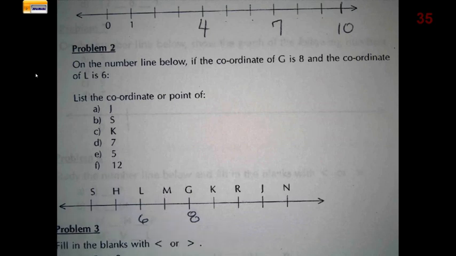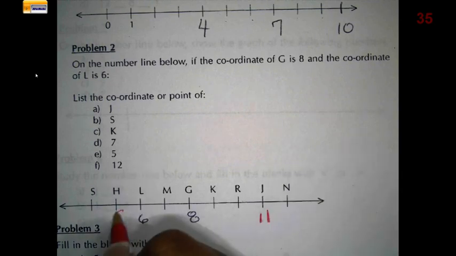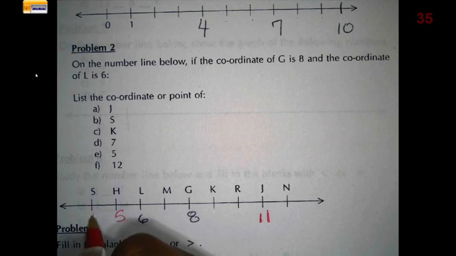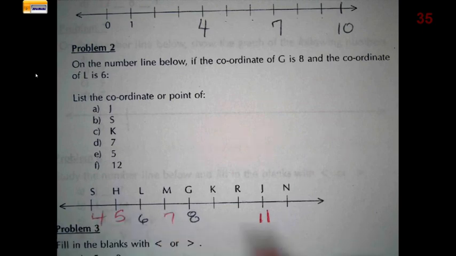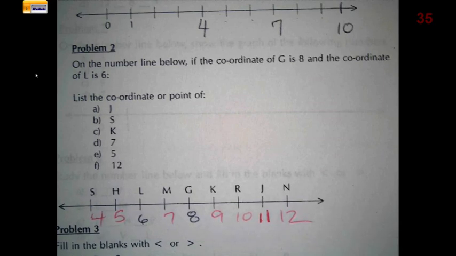So they want us to say what A would be, B, C, D, E, and F. Now for A, they said J. What would J be if this is 8? So here's 8, 9, 10, 11. And if I were you, I would just fill these in. And that'll make life so much easier for you. So J should be 11.